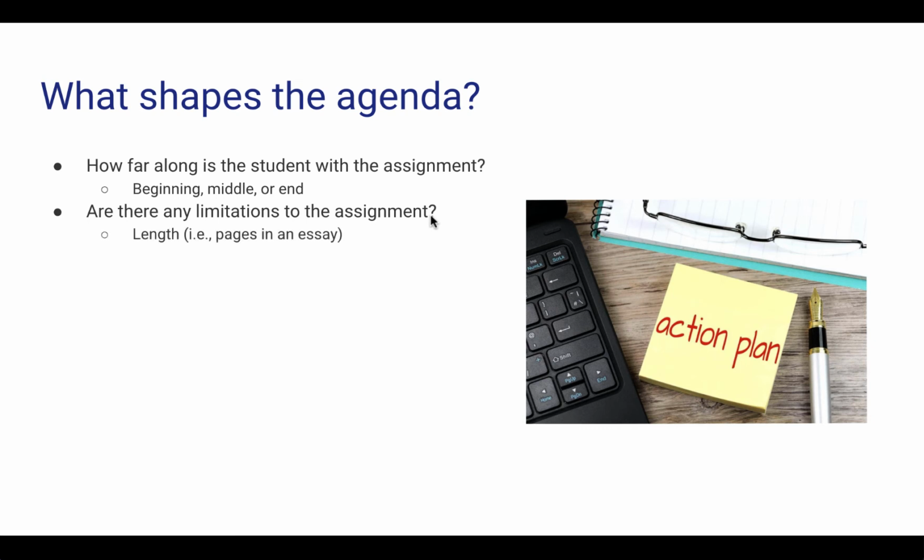Maybe there's a certain length, like number of pages that a student has to write. Maybe there are certain specific steps that a student must take. An instructor may require a student to use specific strategies, or a student may need to include a certain number of outside sources, like in an essay.